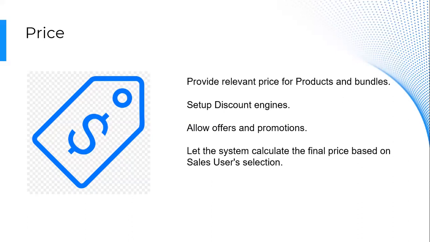So there can be multiple logic. As of now, we have not discussed it, but as we progress, I will show you there are different prices in Salesforce CPQ, how those prices are related to each other, and how sales reps can manipulate those prices by adding additional discounts to a particular quote.